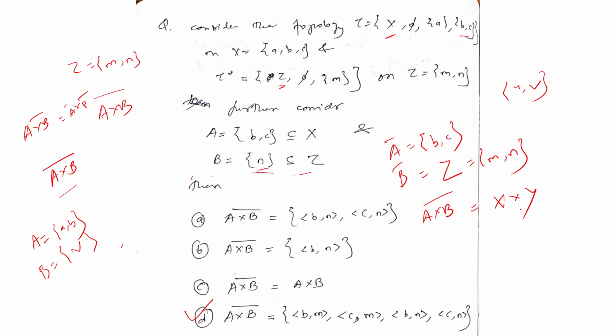How? Please write down the set. The set is A comma B, in coordinates: A comma V, B comma V, and so on, C comma V.